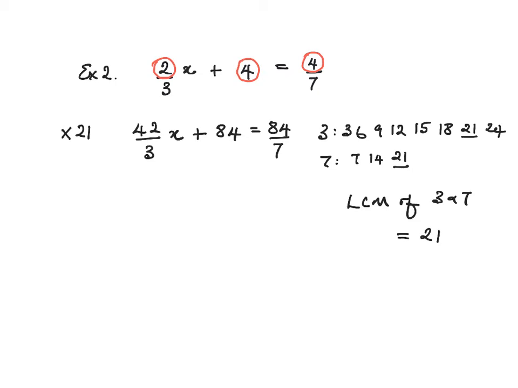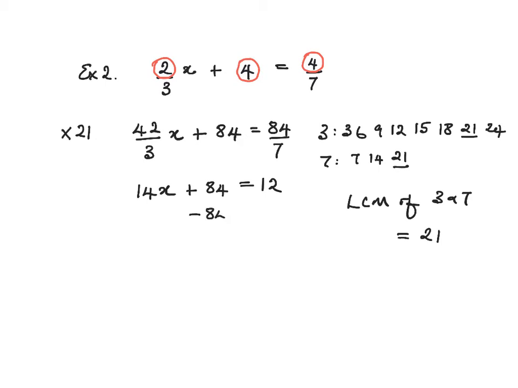How many times does 3 go into 42? This can be a wee bit tricky. 3 into 42 is 14. And then 7 into 84 goes 12 times. Now, what we want to do next, we've only got the one letter term, so we can leave the 14x where it is.